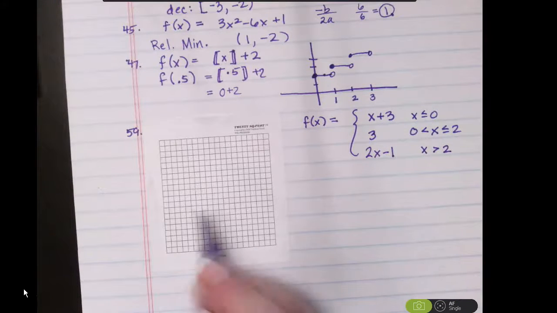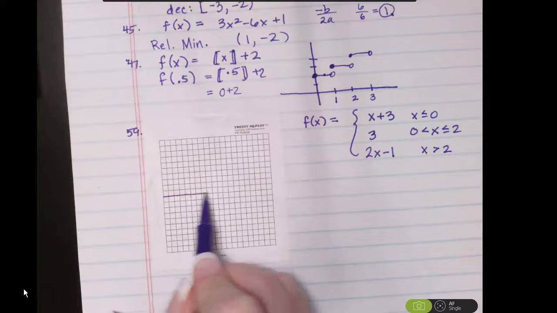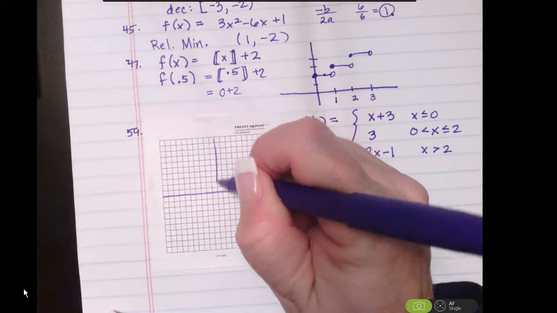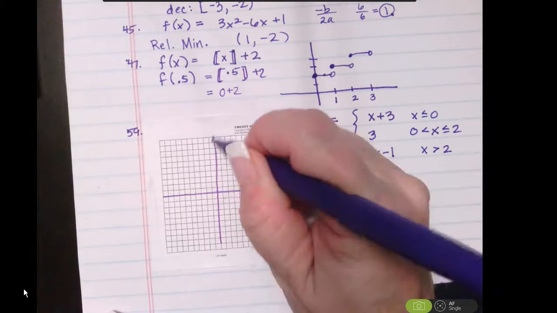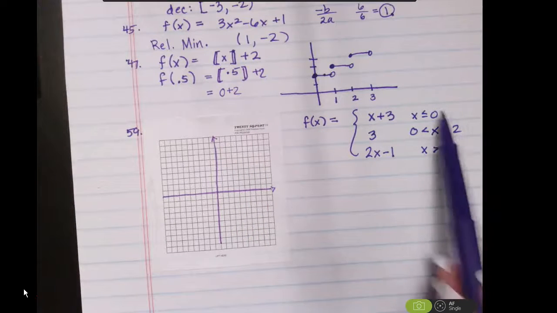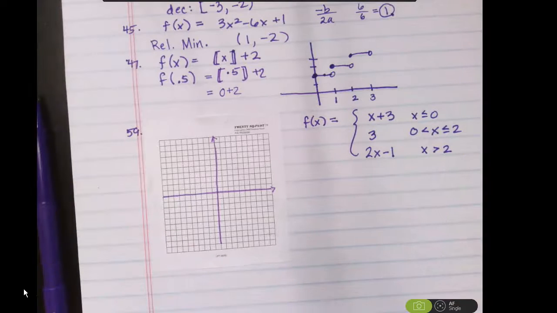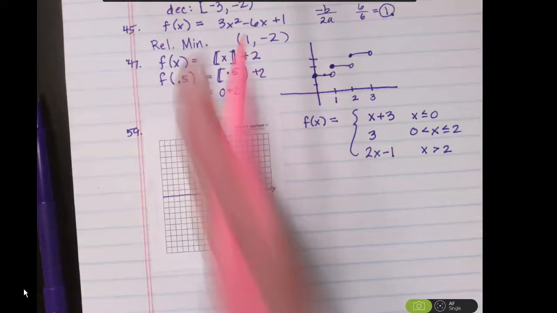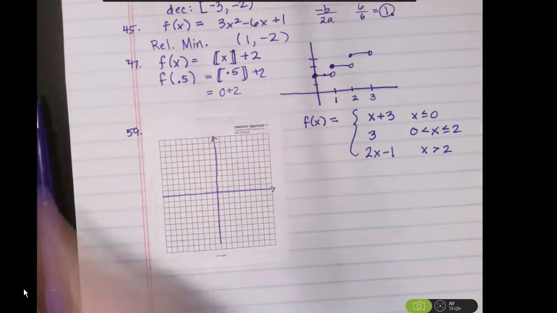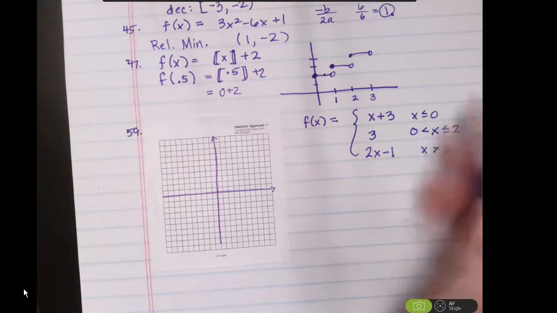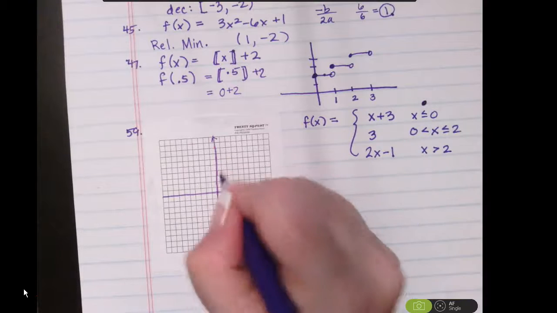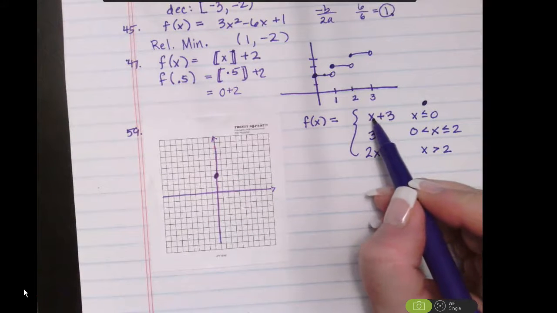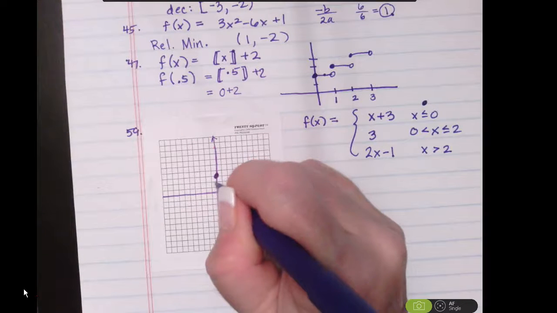Okay, so let me draw my coordinate plane here. So I'm looking, these are my neighborhoods. So x is less than 0. So that's everything over here to the left of the y-axis. And that's going to be x plus 3, and that's a closed circle. So I go to x equals 3, and then the slope is 1 over 1.